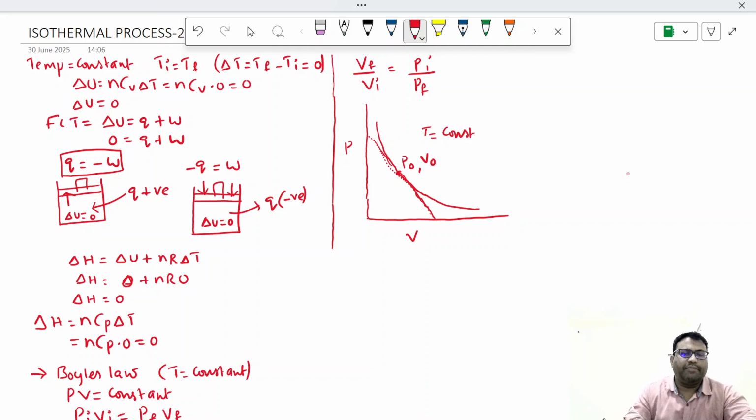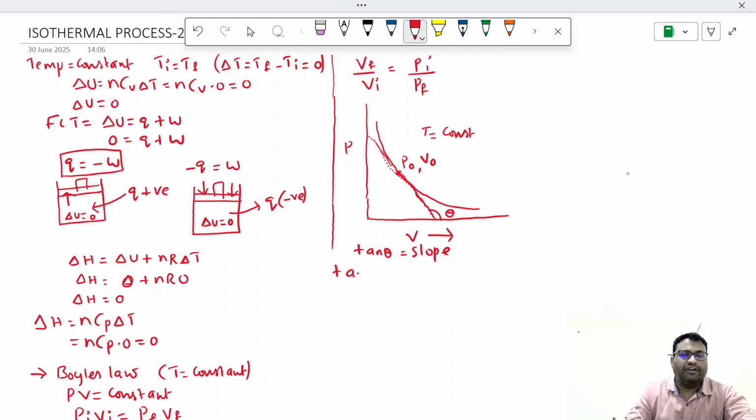The angle made by this tangent on the x-axis is equal to theta, and tan theta is equal to the slope. The slope of the graph can be obtained by tan theta, where theta is the angle made by this tangent with the x-axis, the volume axis, right?